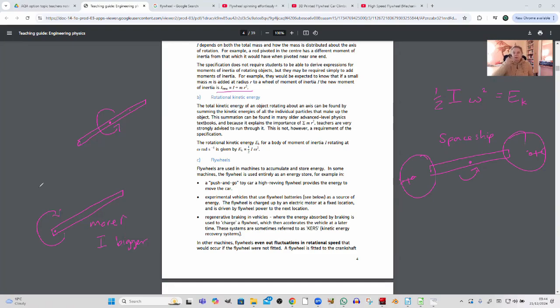If you have a can of beans and you roll it down a ramp, it behaves very differently to a block with tiny little almost massless wheels rolling down the ramp, because of this rotational kinetic energy. So the energy of a moving object includes the rotational energy.